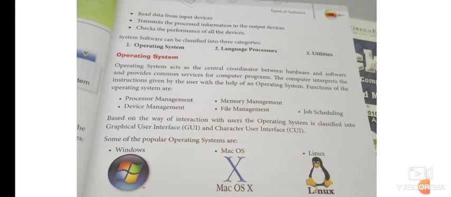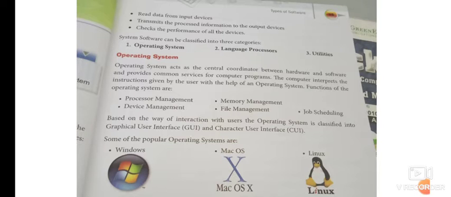So in the last video we studied what system software is. Now we will understand how it works. It reads data from input devices. Whatever data we enter from input devices, system software reads that data, transmits the processed information to the output device, and checks the performance of all the devices.